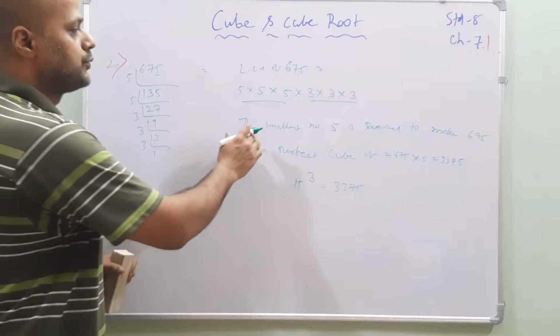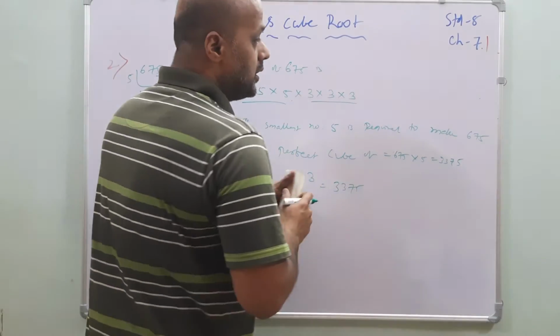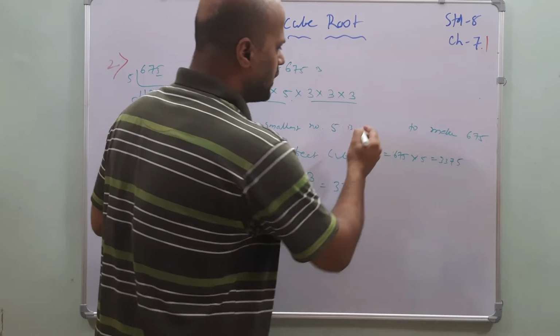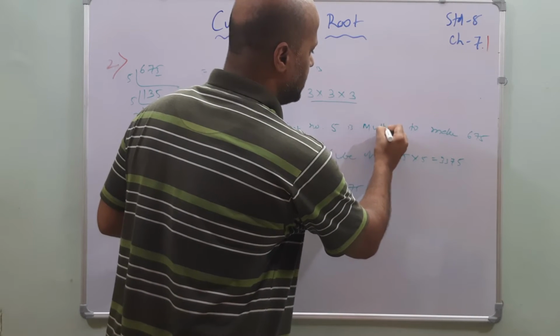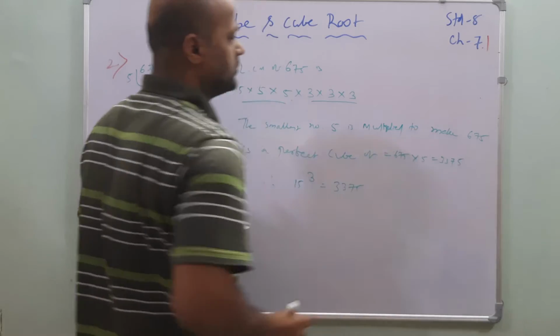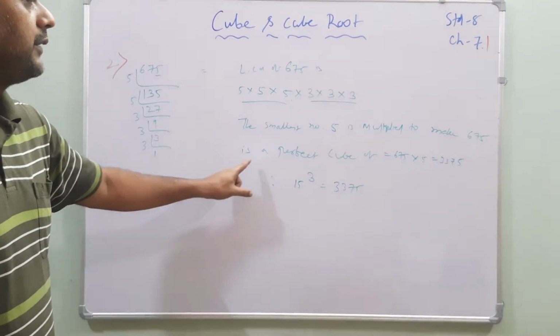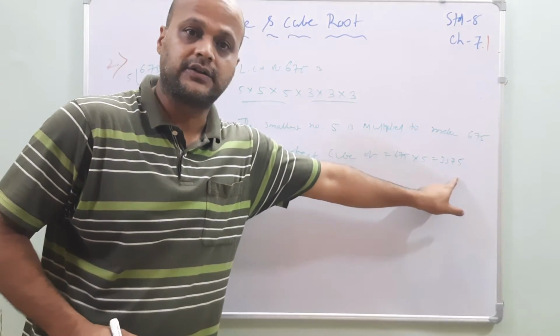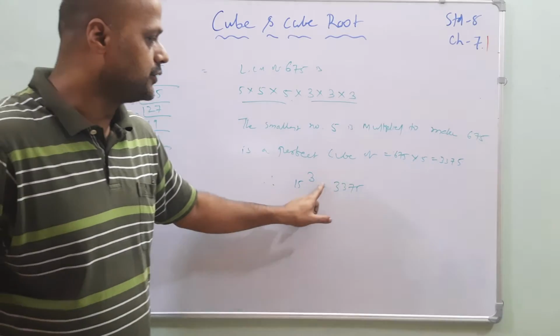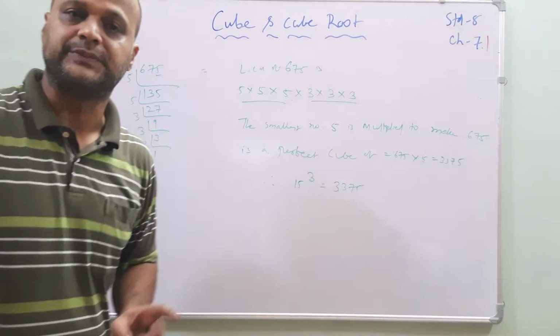The smallest number 5 is multiplied, or required, whatever you can write, multiplied to make 675 a perfect cube: 3375 is equal to 15 cube, is equal to 3375, like this manner.